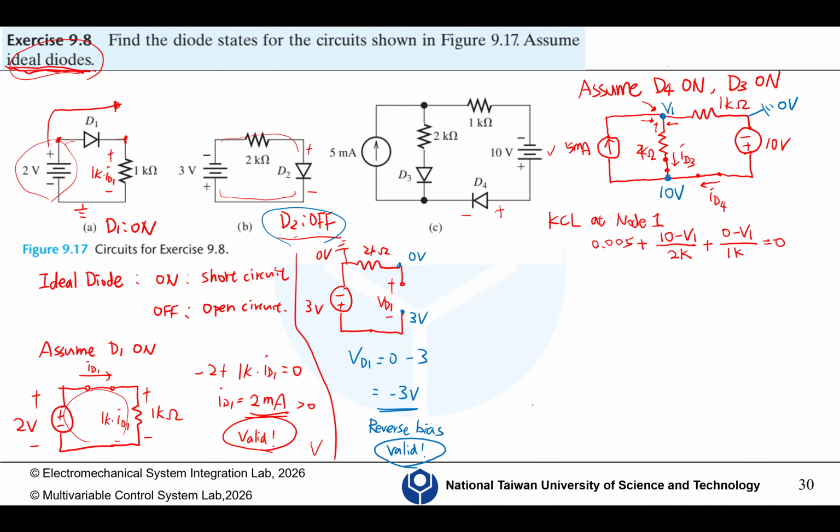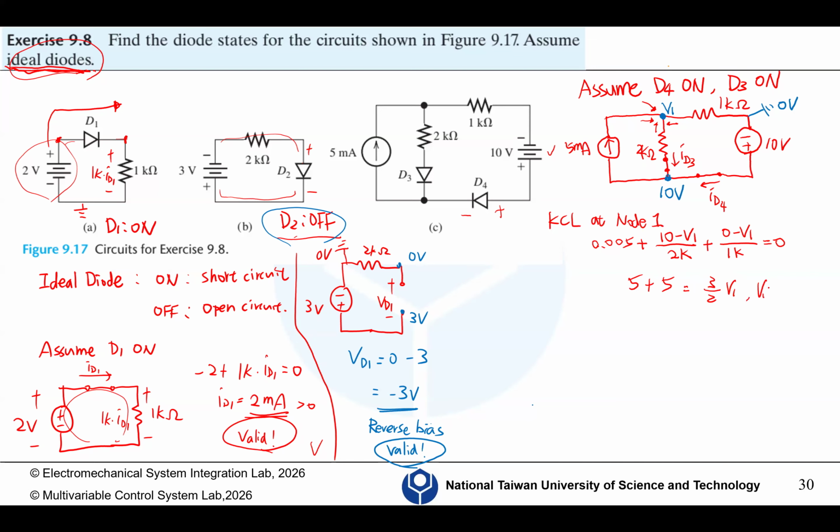And once you find V1, let's do it. Multiplied by K, we have 5 plus 5 plus 5 equals, 1/2 plus 1, 3 V1.